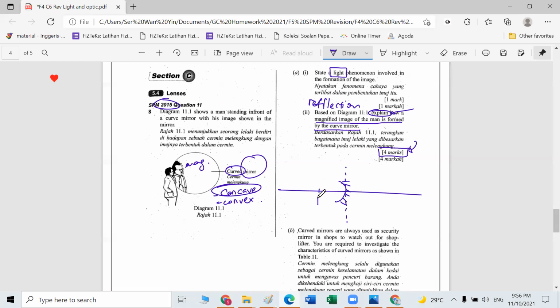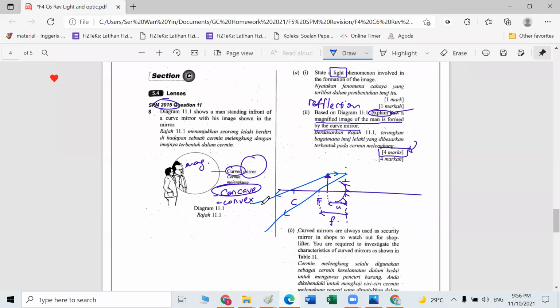So here is F, same distance C. Make sure you measure. So you can see this is U, this is U, then this is F. So what should we do? Yes, KFC.